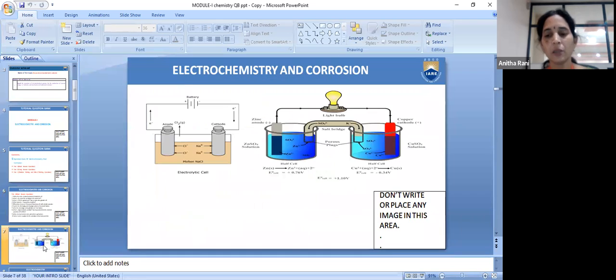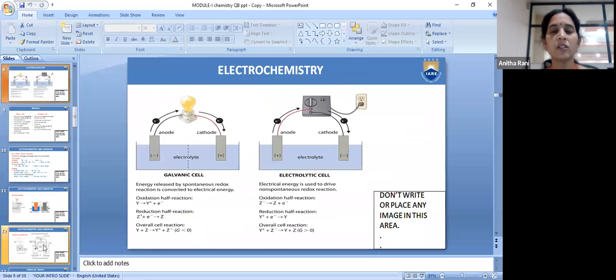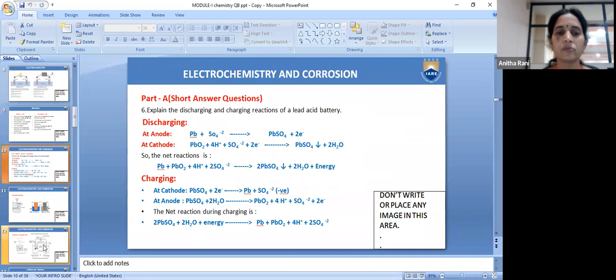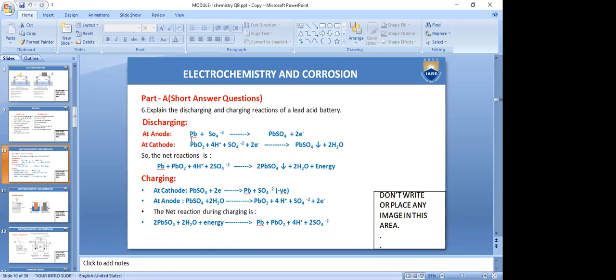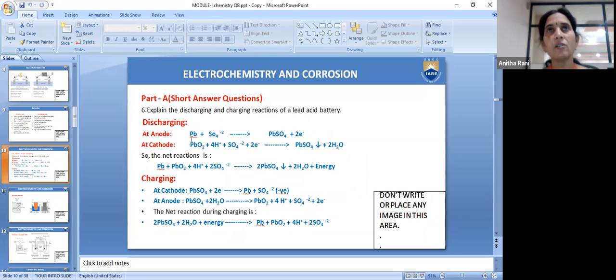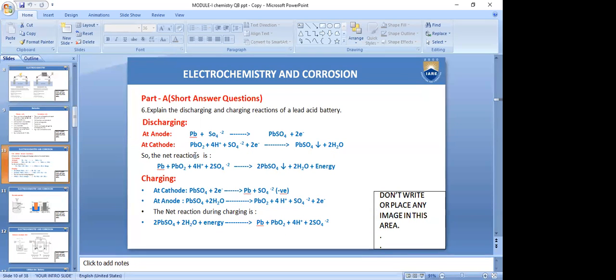So now tell me, students, in a lead acid battery, what is the anode? What is the cathode? What is the electrolyte? Lead is the anode, the cathode is lead oxide, and the electrolyte is dilute H2SO4.